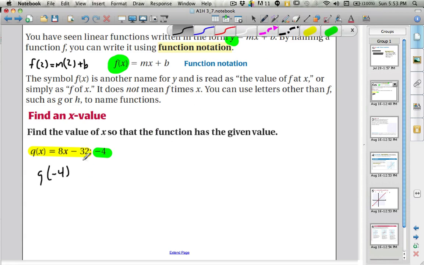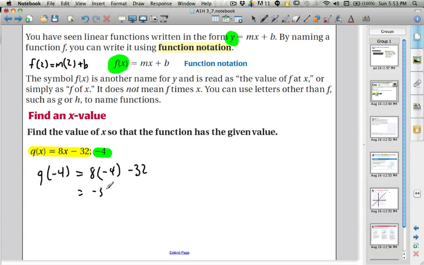In function notation, I would write q of negative 4 is 8 times negative 4 minus 32. 8 times negative 4 is negative 32, minus 32, and that's going to equal negative 64. So I know that q of negative 4 is equal to negative 64. My q sure looked like a g, didn't it? Let's try that again. Q of negative 4 is equal to negative 64.